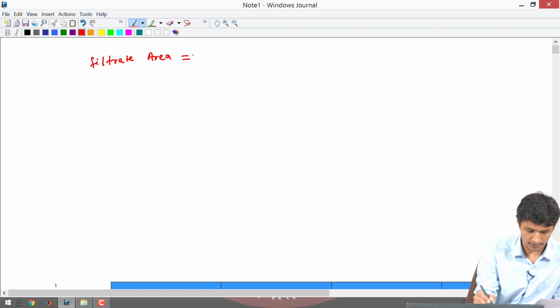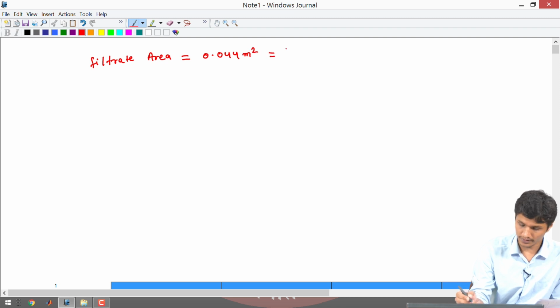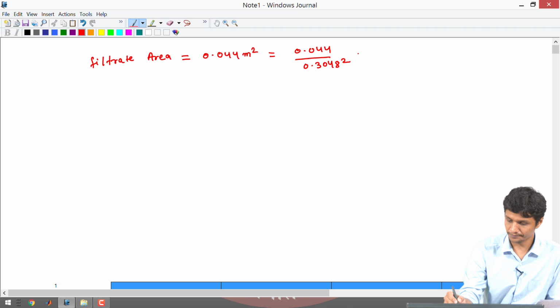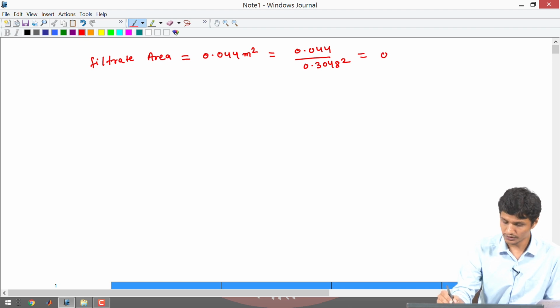Area equal to 0.044 meter square equal to 0.044 divided by 0.3048 squared, equal to 0.474 foot square.